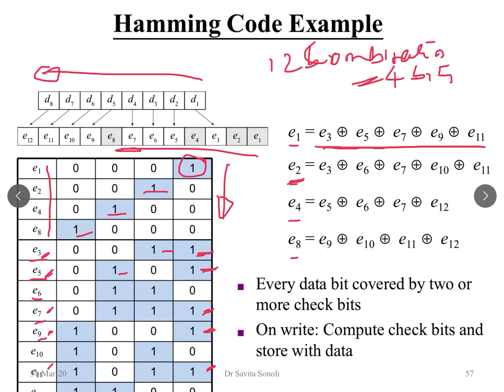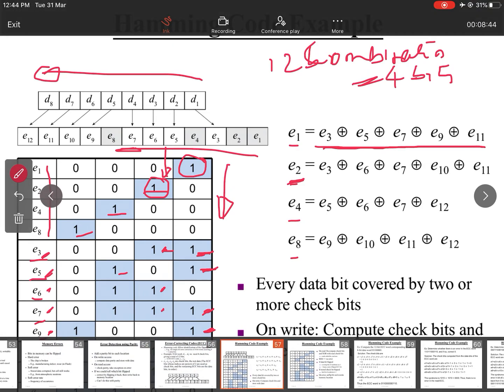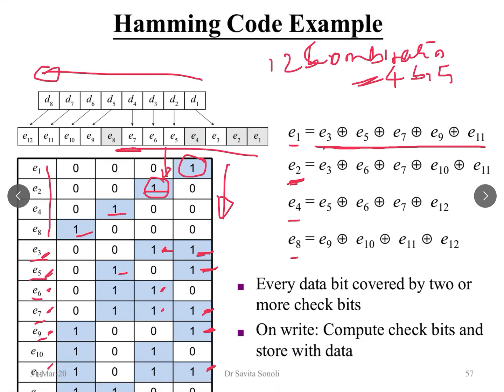Next, how do we compute for E2? Now check for the second column, that is this one, E2. Again check the column where all it's going high. So we observe the high, this one is for E3, then next one is for E6, then E7, then E10, then E11.